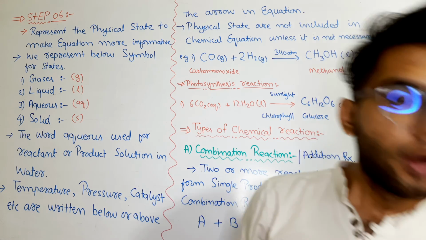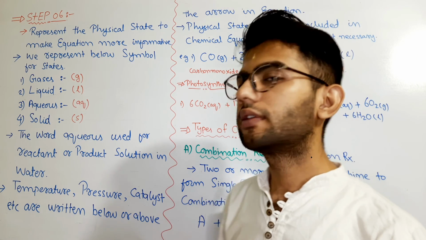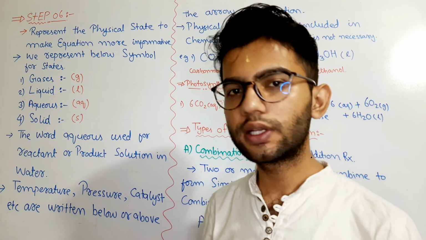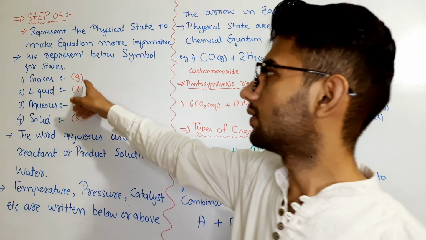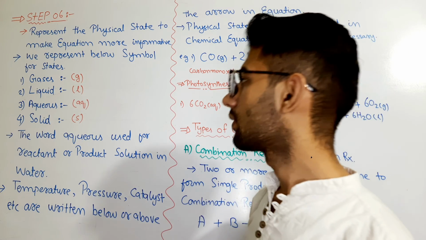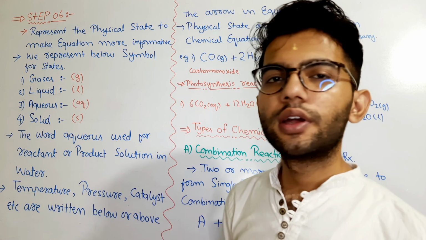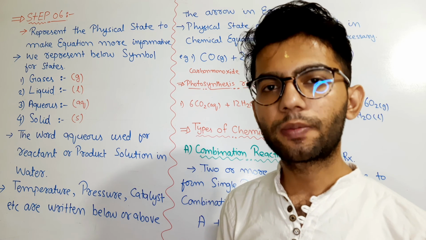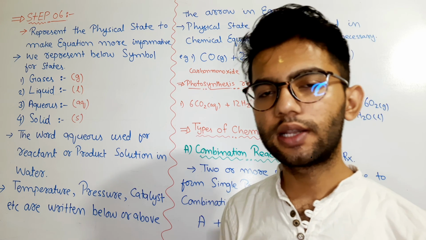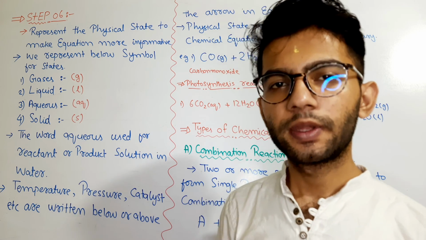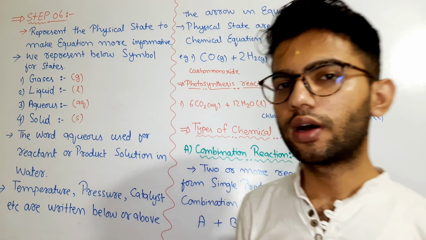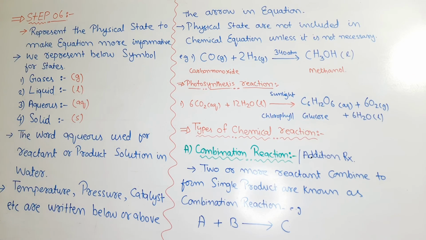So in order to show in which state our reactant or product exists, we use different symbols to represent their states. If our reaction includes a catalyst, temperature or pressure, we write the temperature, pressure or catalyst above or below the arrow in the equation. Now a new word comes: what does aqueous mean?